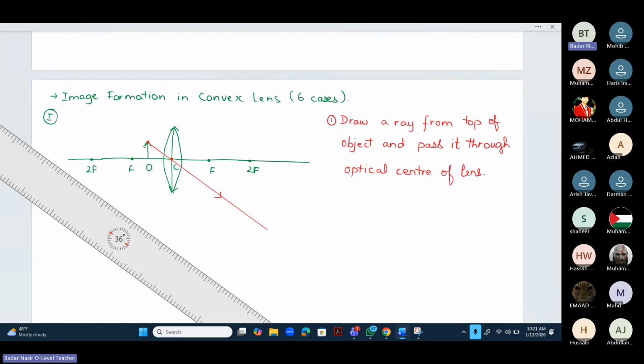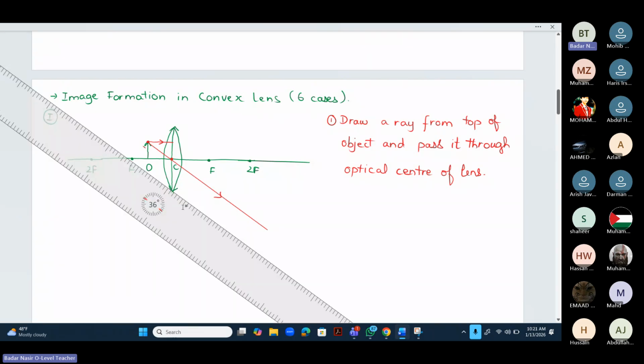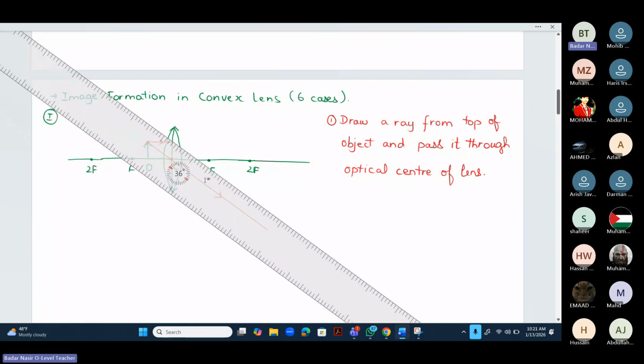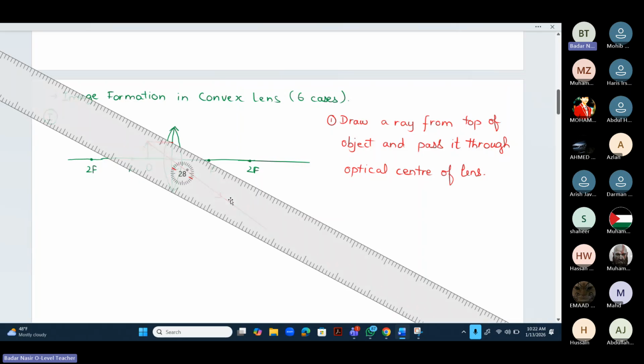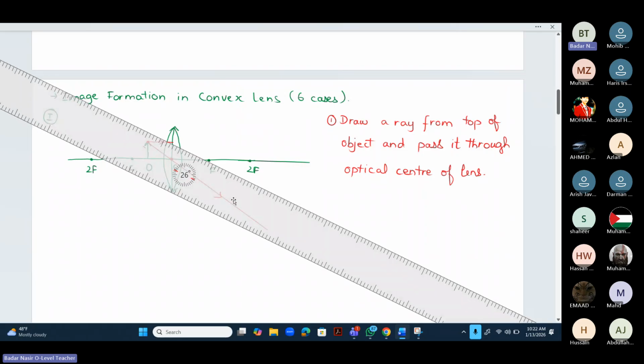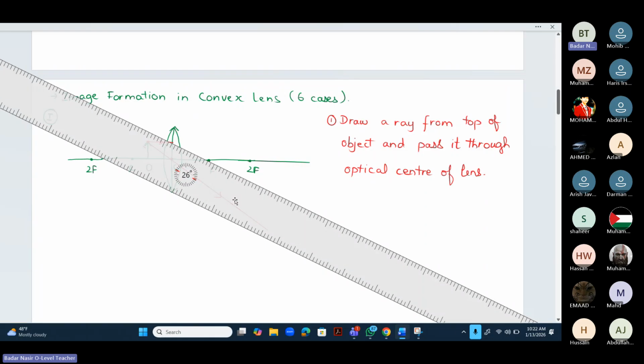Now the second step is that you will draw a ray which is parallel to the axis, and then you have to pass that ray through the focal point F of the lens. Let's draw this ray as well.